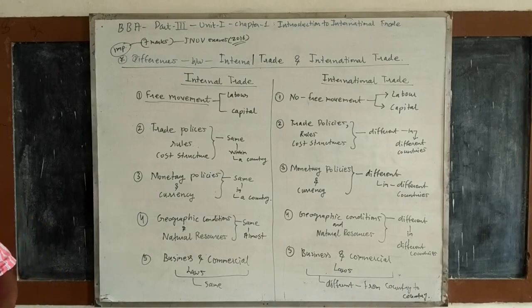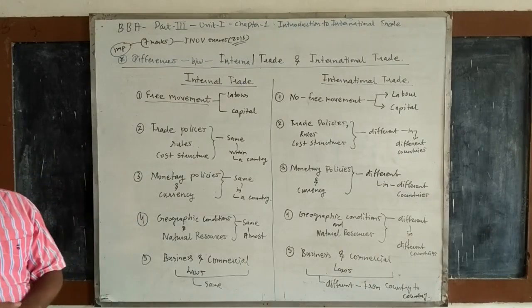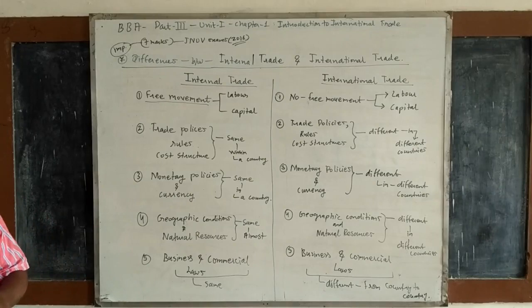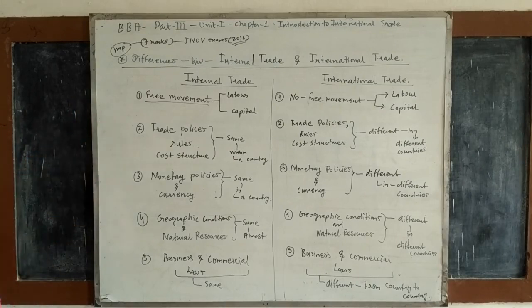Or in the sense of capital, a businessman of Rajasthan can go to any part of India and invest money there, open a factory and do business. So there is absolutely free movement, and it has been given in the Constitution also.